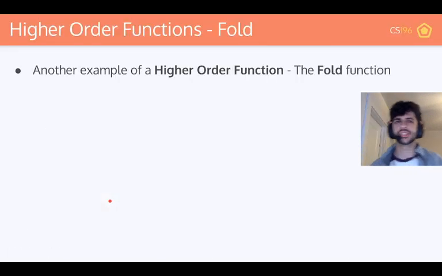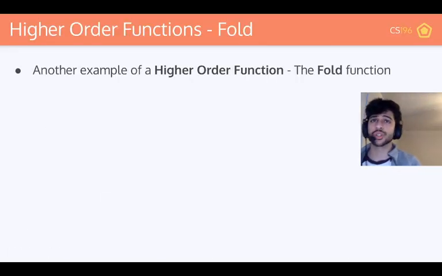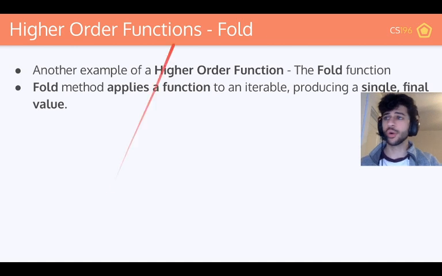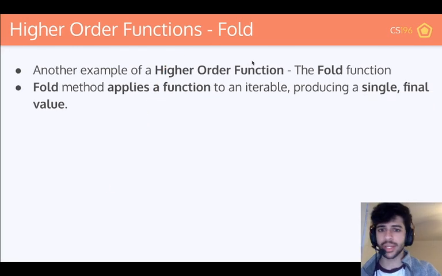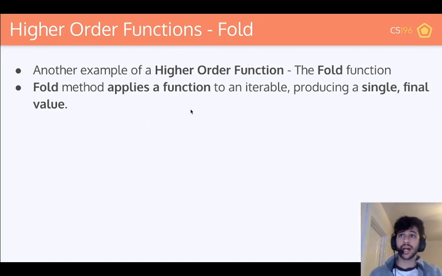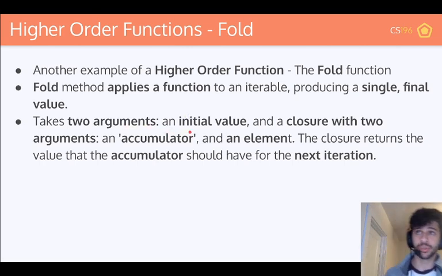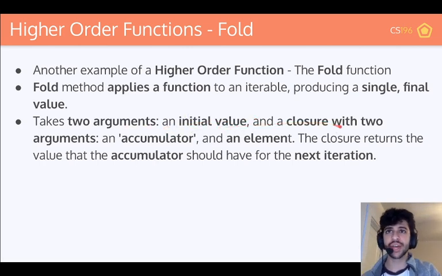So let's cover our last higher order function for today. Another example of a higher order function is the fold function. Let me bring my camera down. Fold will apply a function to an iterable, producing a single final value. It takes in two arguments: an initial value and a closure with two arguments, one being an accumulator and another being an element.